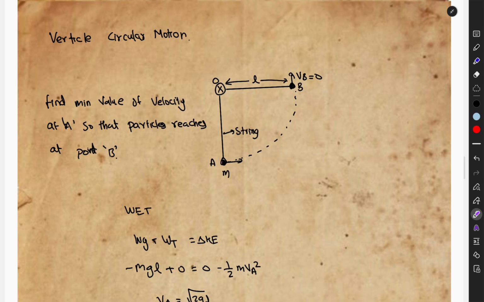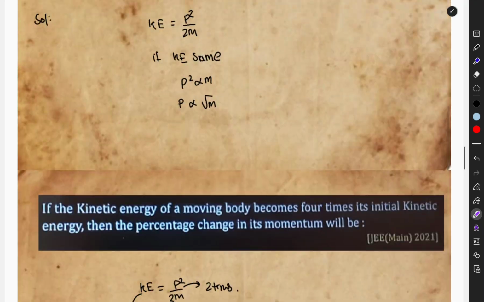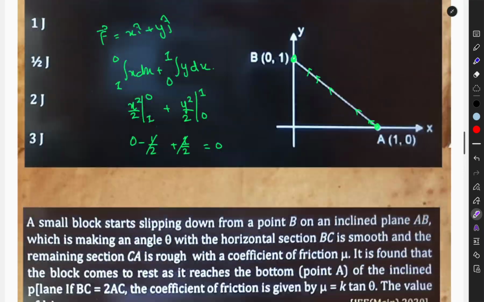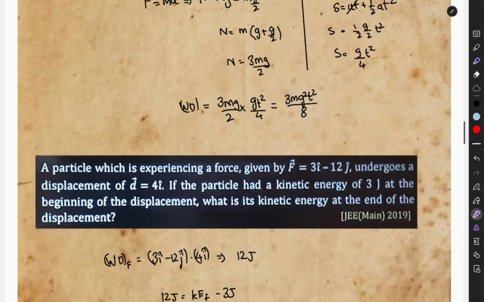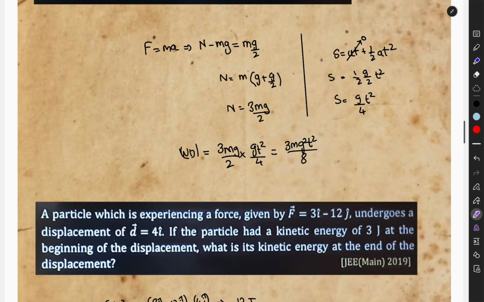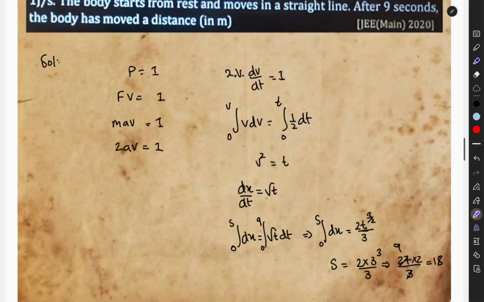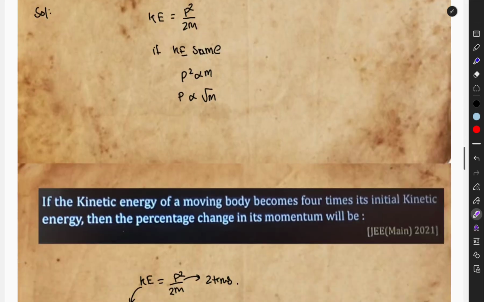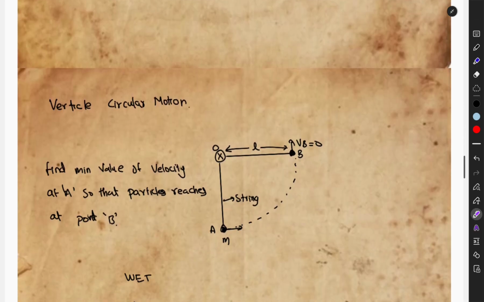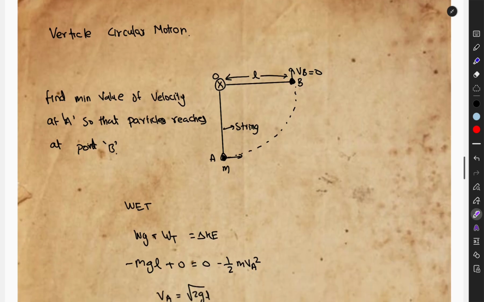I hope you have understood all the things we have learned earlier. Revise these things, and next lecture I will be teaching vertical circular motion and the equilibriums, all those things. Fine, that's it for this video.